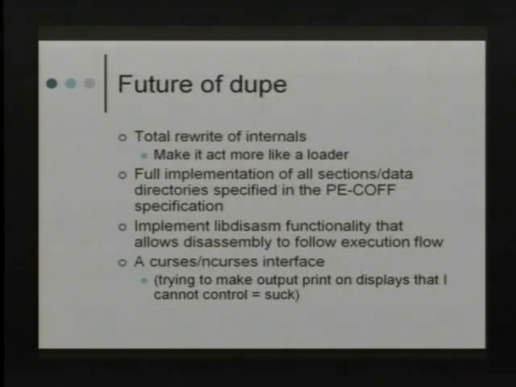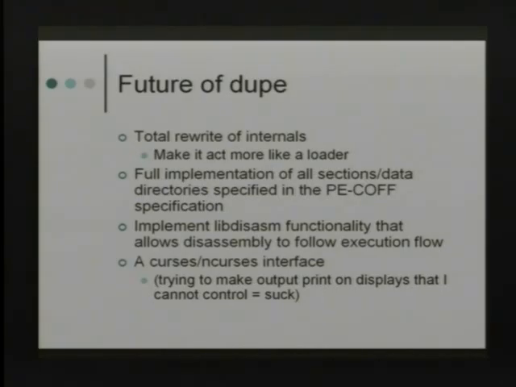So getting into the future of what I'd actually like to do with this, like I said, I want to make it act more like a loader. Right now I'm parsing the structures from one mapped memory address, mapping it in once and not really doing the entire thing. I want everything that's in there and have full capabilities as opposed to just a limited, here's a small section of it.